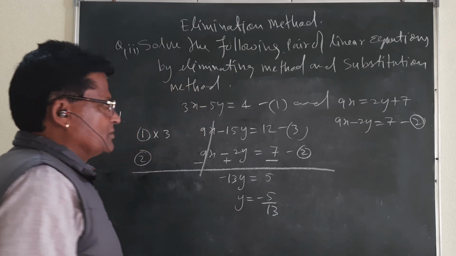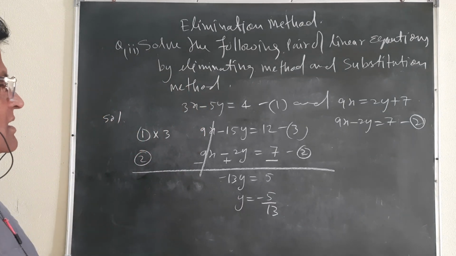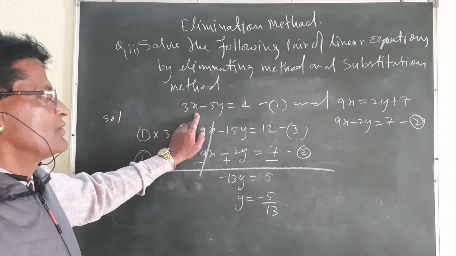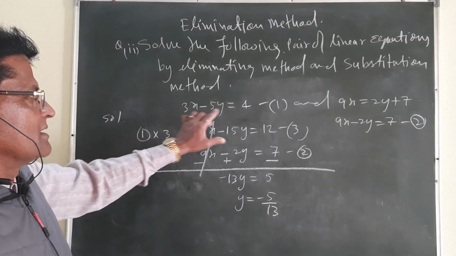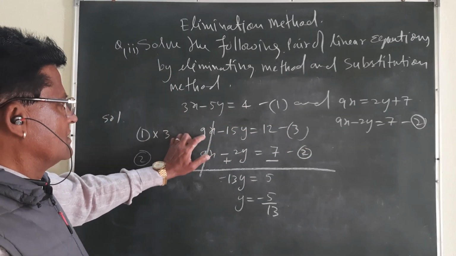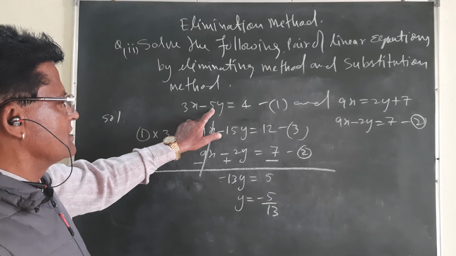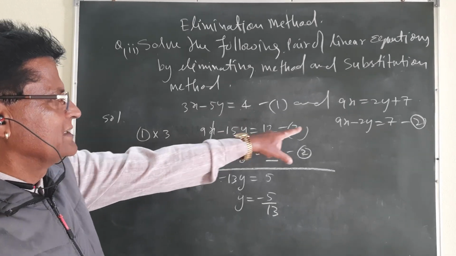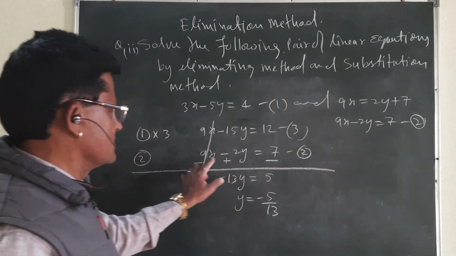That is why, see carefully once again. I have made the coefficient of x equal. Because here it is 9x, we multiply equation 1 by 3: 9x, multiply 5 by 3, 15, multiply 4 by 3, 12. And that equation we have taken as it is.